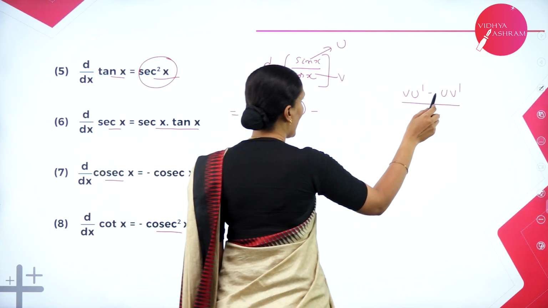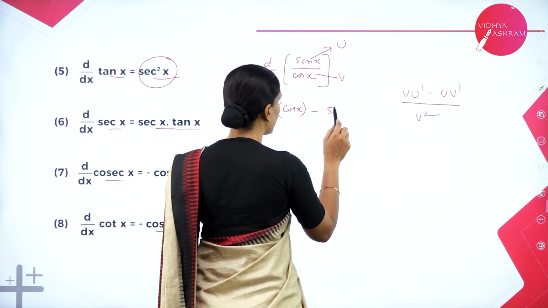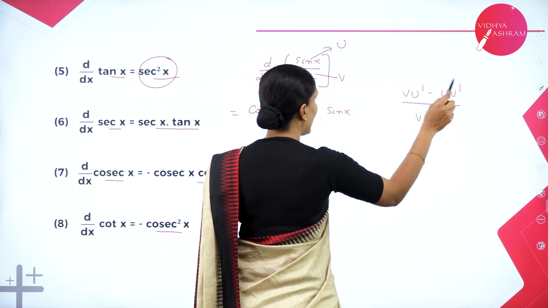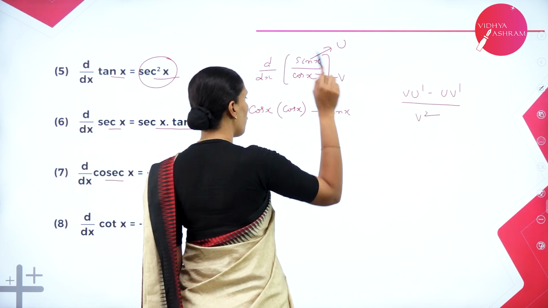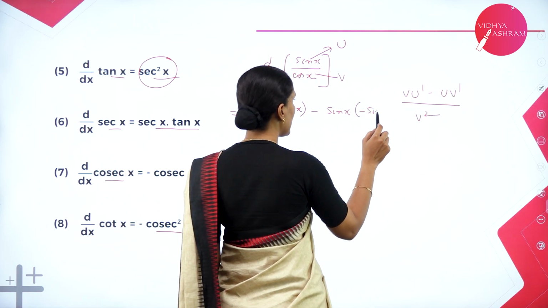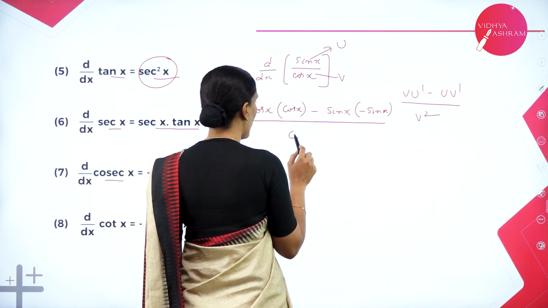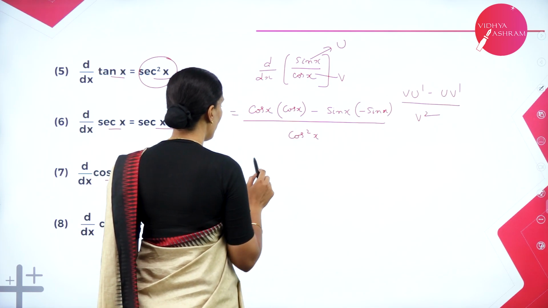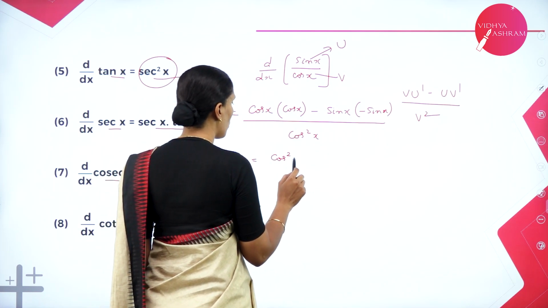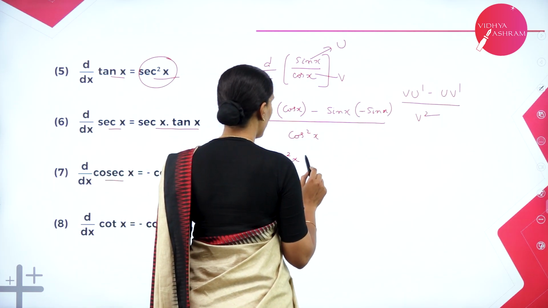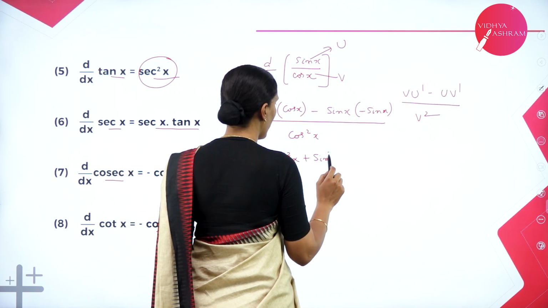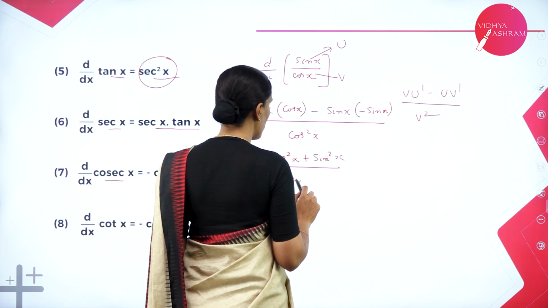Minus, next we have u, that is sin x, into v dash. V dash means the derivative of cos x. So the derivative of cos x is minus sin x. Divided by v square, cos square x. So here we got cos x into cos x, cos square x, minus into minus plus sin square x, whole divided by cos square x.